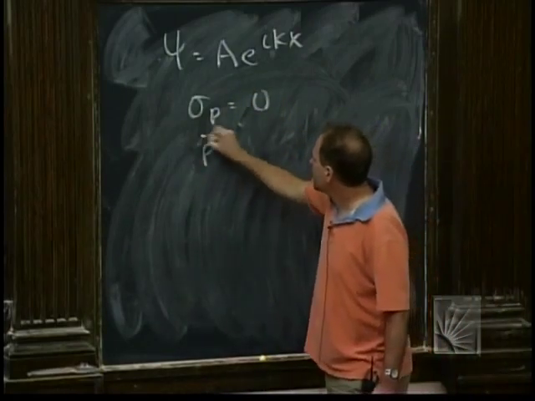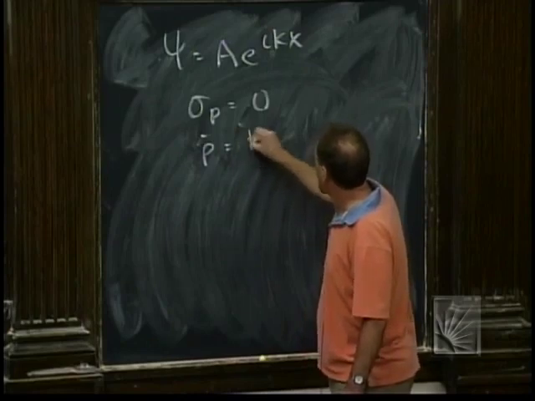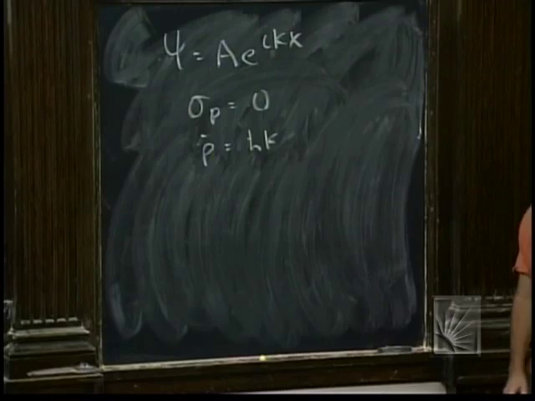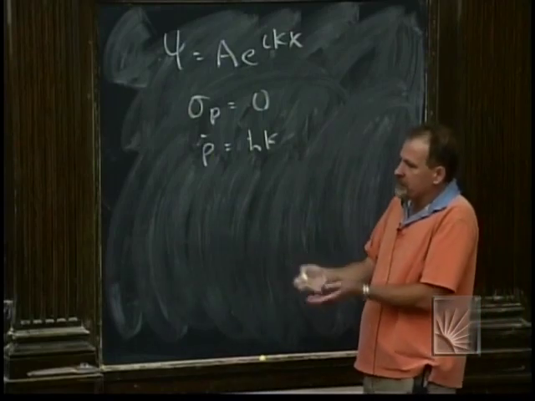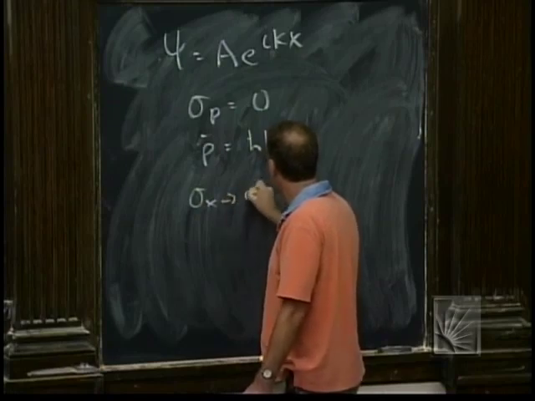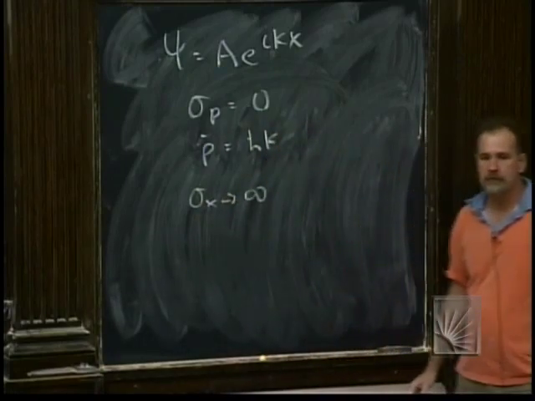P average is h bar k, the sort of classical result. And the Heisenberg uncertainty principle told me that sigma x ought to go to infinity, right?